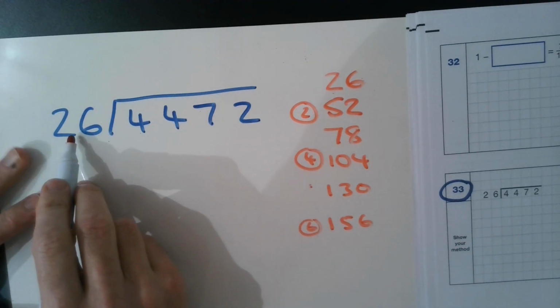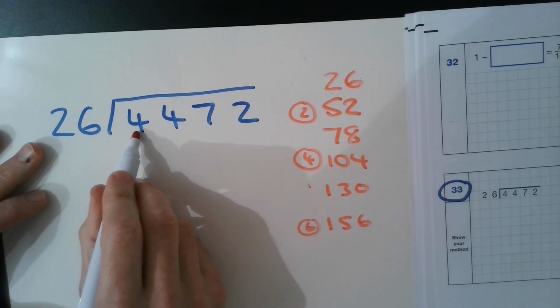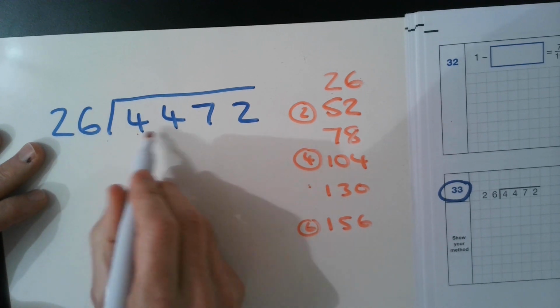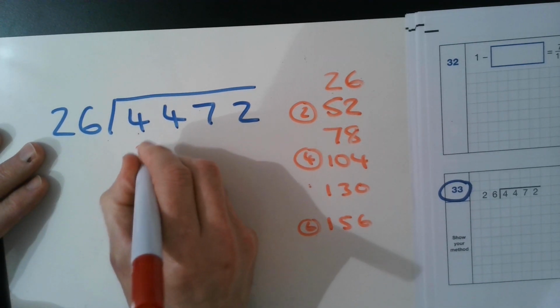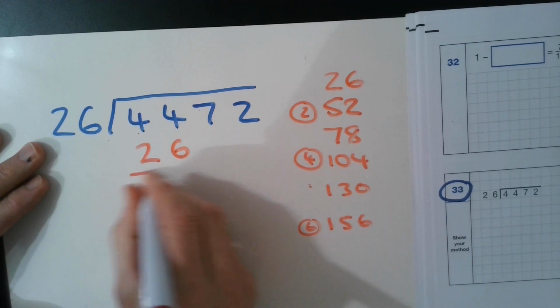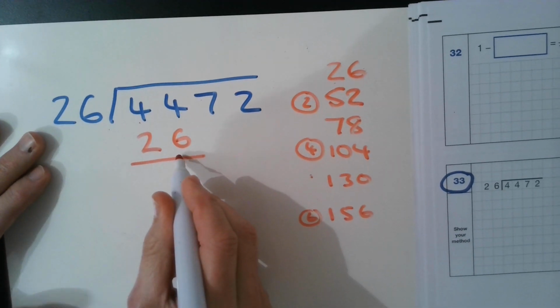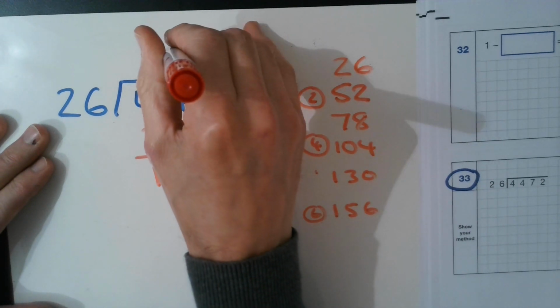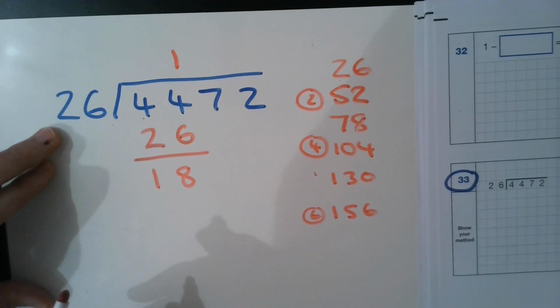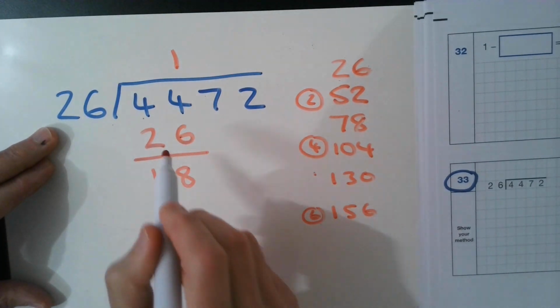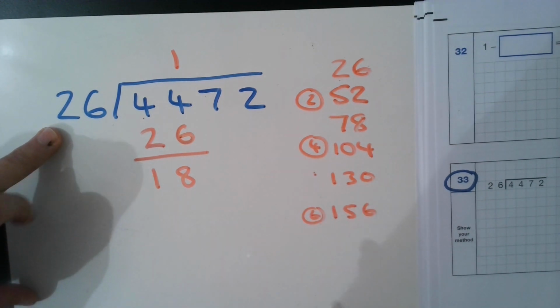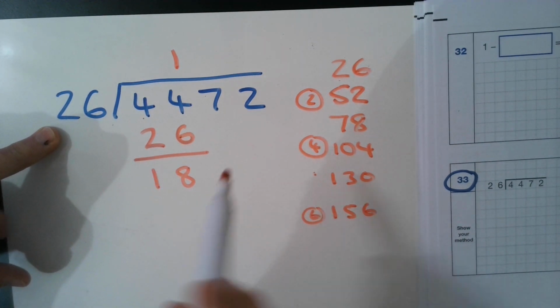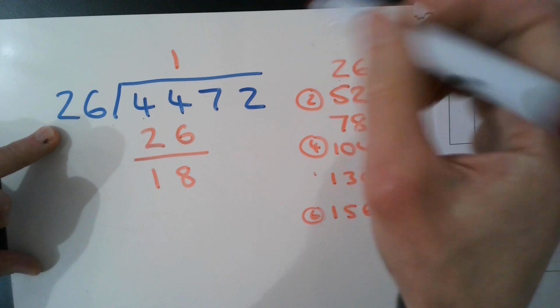Now, how many 26s in 44? We're only going to get 1. So 44 less 26 is 18. That gives us 1 lot of 26. 1 times 26 is 26, and that's 18 left over.